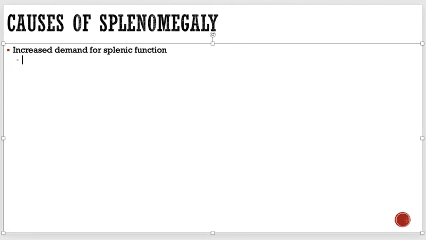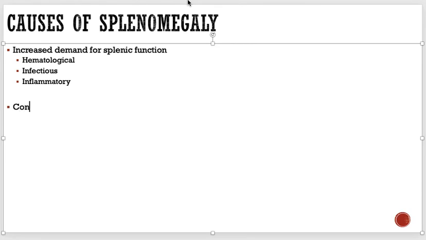And what are these conditions? I talk about these in my other lectures as well: it could be hematological causes in which the demand on the spleen to work more is increased. It could be infectious causes. It could be inflammatory conditions. So this is one of the important things.